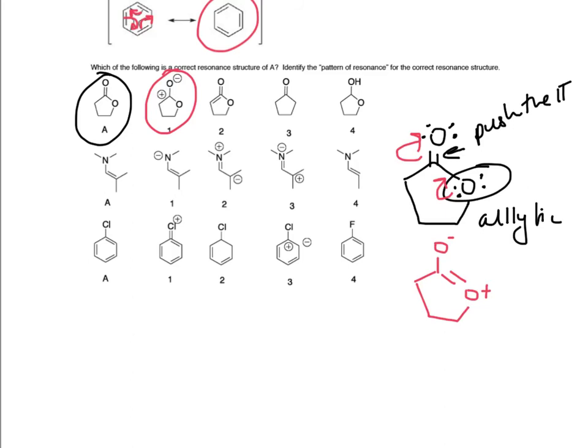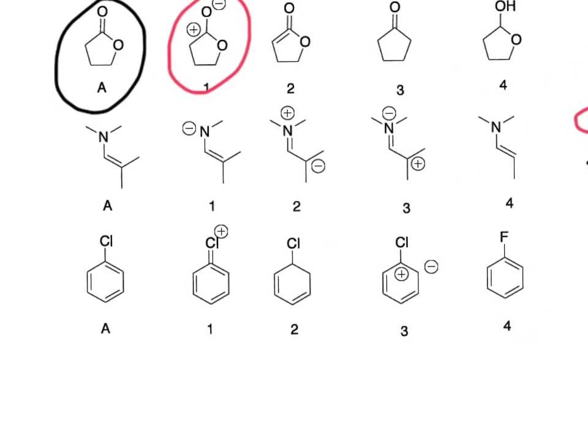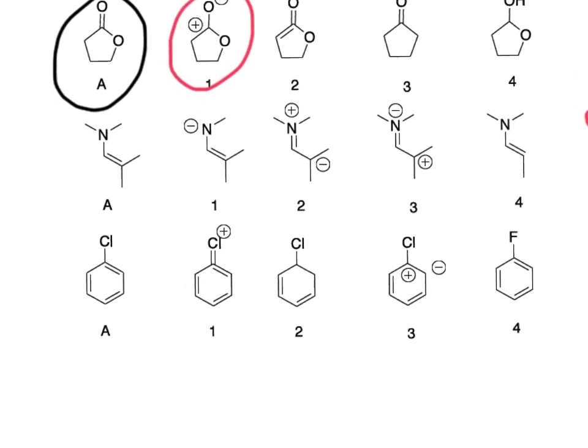We come down to the next structure with the nitrogen. And what we can see, if I draw the lone pair in on the nitrogen, here we have a double bond, single bond, and then lone pair on the nitrogen.